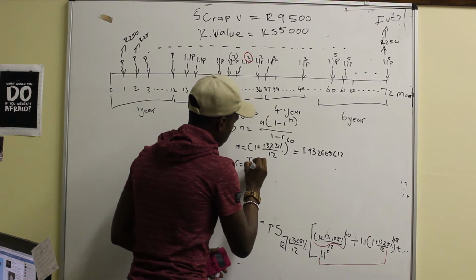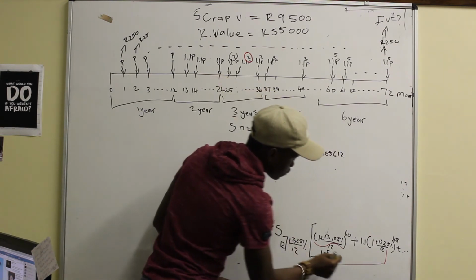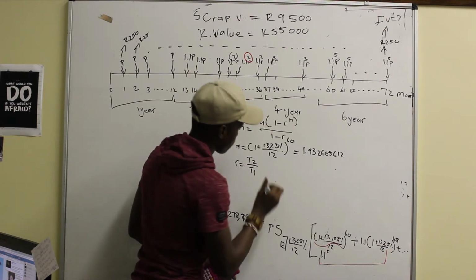And then find R. R is term 2 divided by term 1, right? So this is my term 2 divided by my term 1.